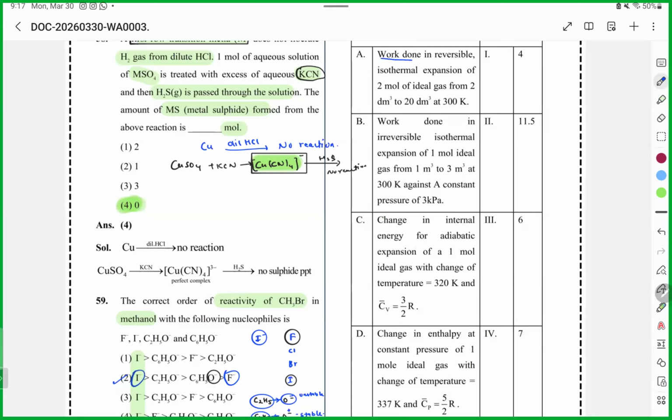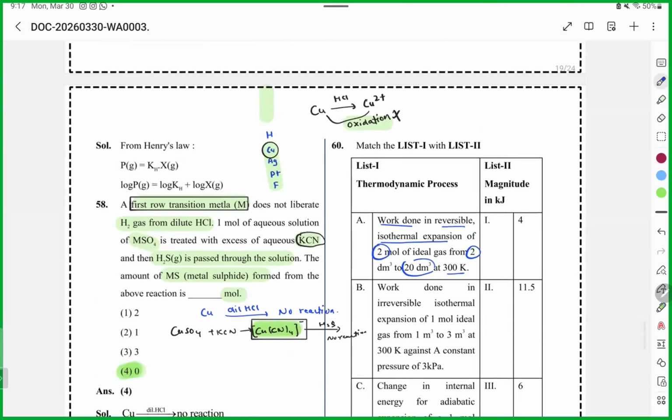Work, calculate one by one. Work done in the reversible isothermal expansion where you have 2 moles and volume changes from this to this at this temperature. The formula in this condition will be work done is equal to minus nRT natural log V2 by V1.